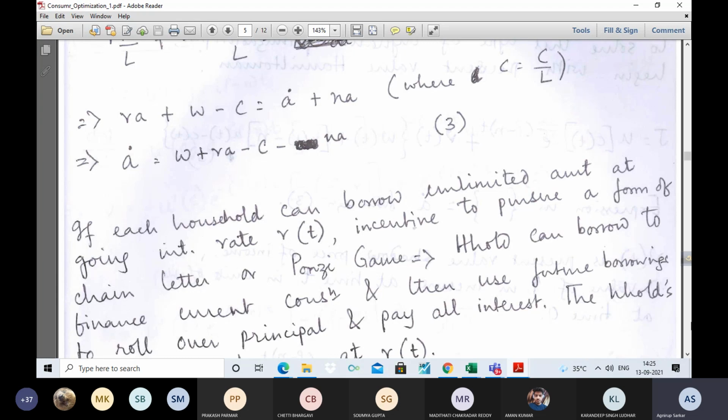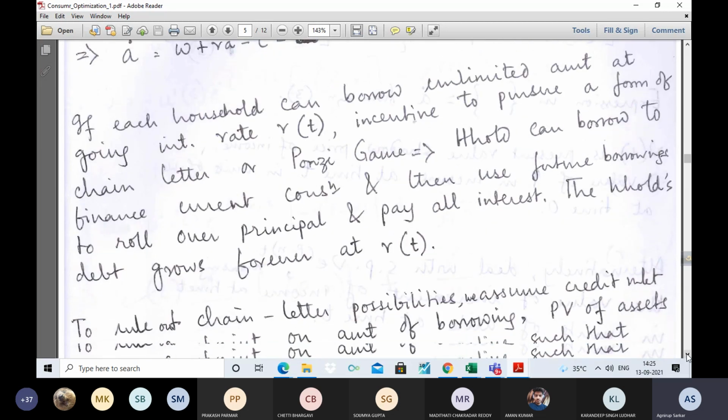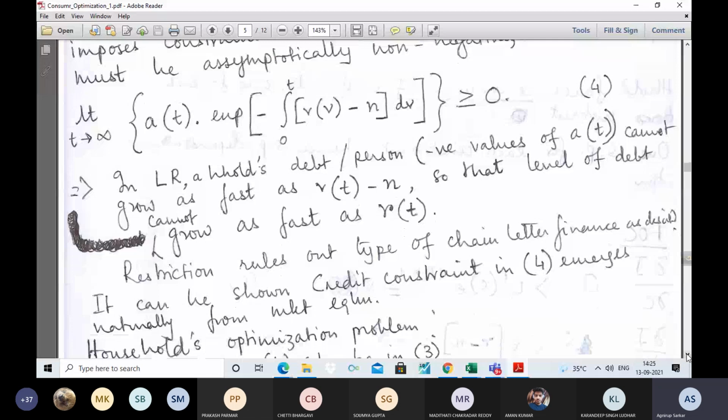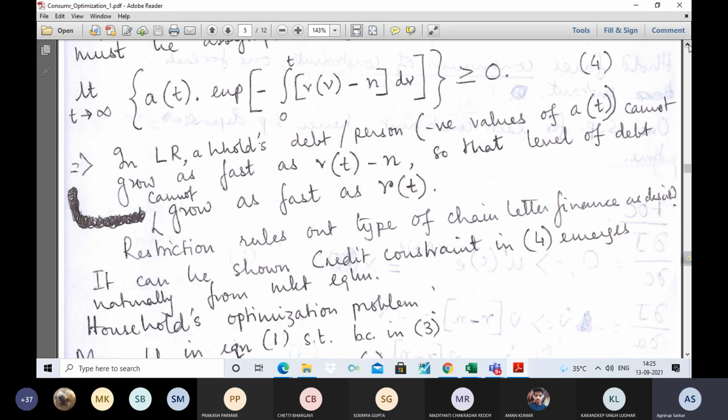We went through the implications of this condition, but just to recapitulate, equation 4 basically captures the condition that the present value of assets must be asymptotically non-negative. If you are to capture that condition through an equation, this would be the equation, right? So this is the constraint.